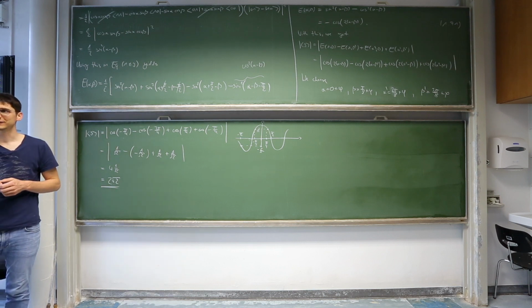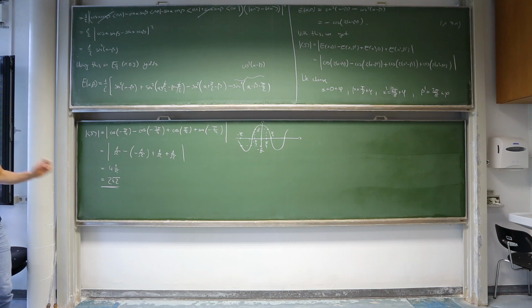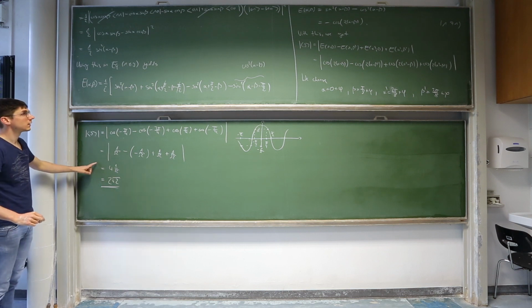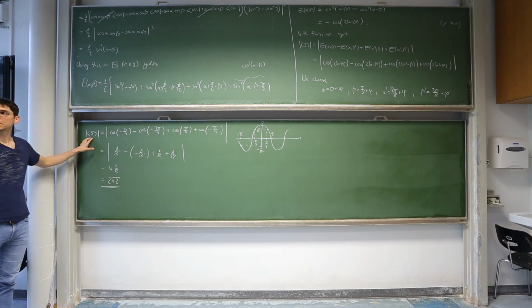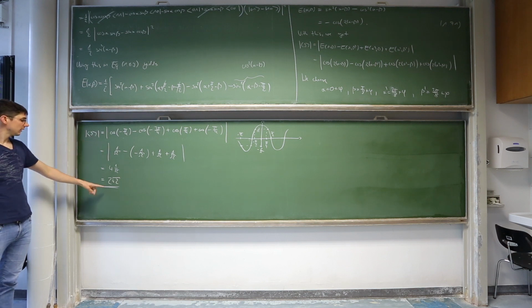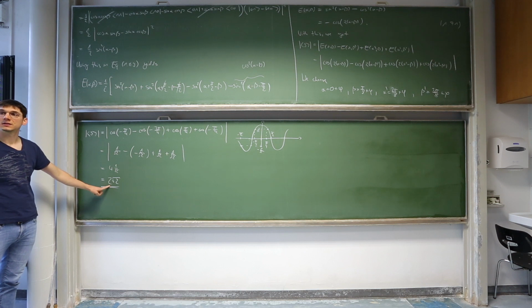Okay, so what we found is now that there are instances where this Bell parameter is larger than 2. But before, we showed that for any local realistic theory, this parameter must be bounded by 2.